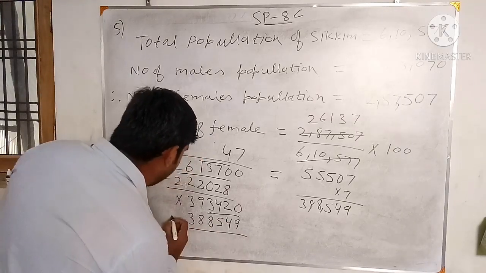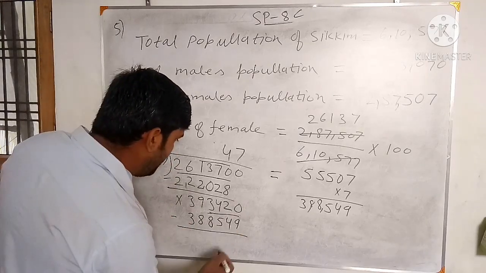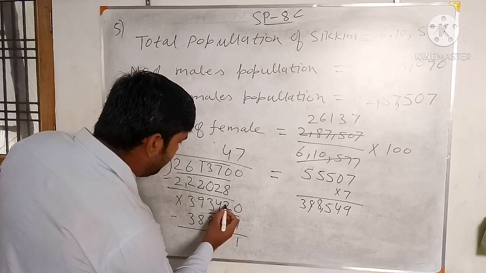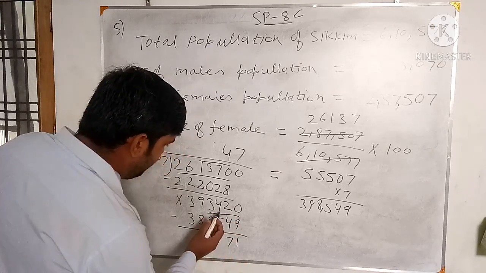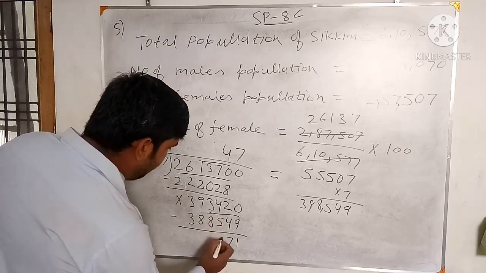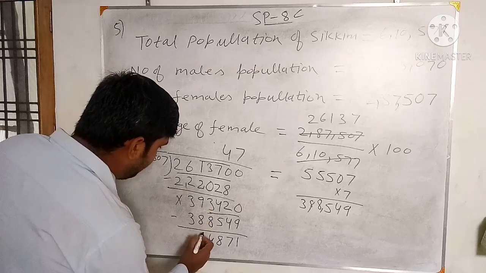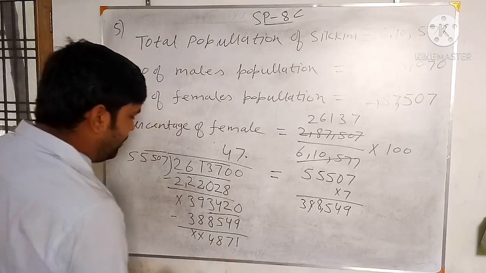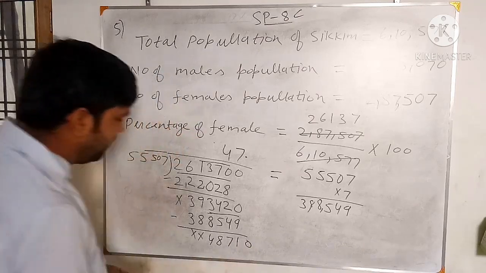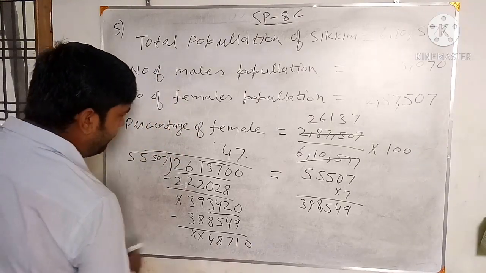Now we subtract it and see what it will come. 10 minus 9 gives you 1. 11 minus 4 gives you 7. Now 13 minus 5 gives you 8. 12 minus 8 gives you 4. 8 minus 8 gives you 0. Now here the decimal will come. Now add 10. Now the number becomes 48,710, which is again a lower number.